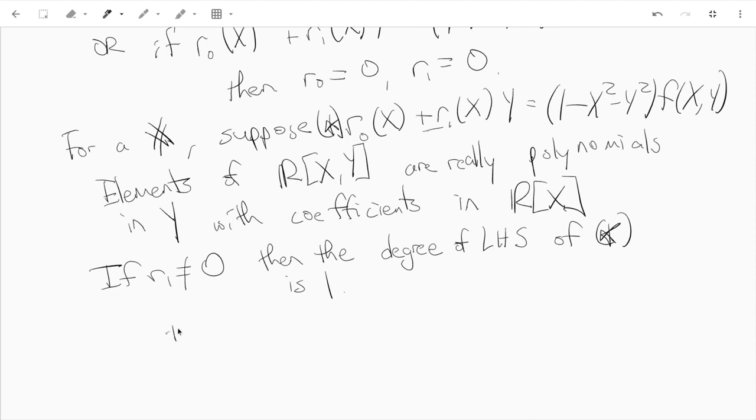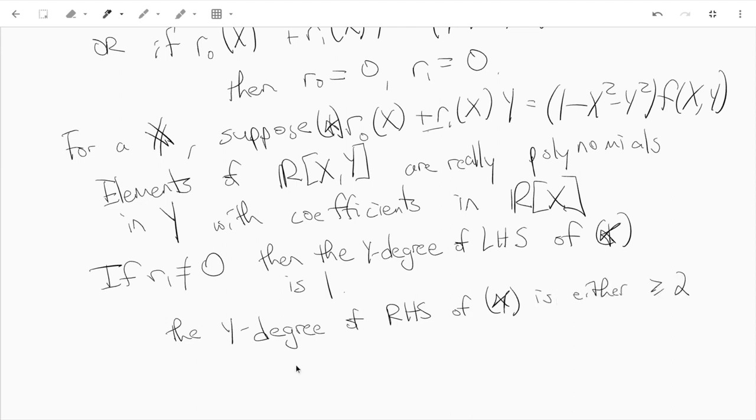So the y degree of the right-hand side of star is either greater than or equal to 2 if f is non-zero, or undefined if f equals 0.